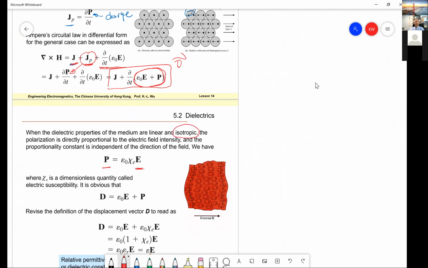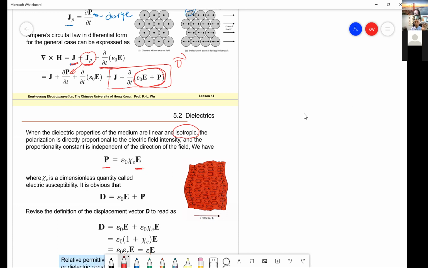What does isotropic mean? Isotropic means that the property in all directions is the same. Let's say I give you a material, a piece of dielectric. If I apply an electric field in this direction or this direction, the property is the same. This we call isotropic.